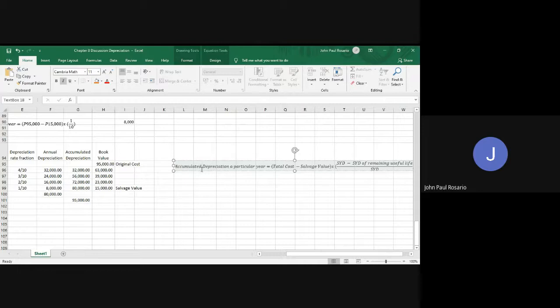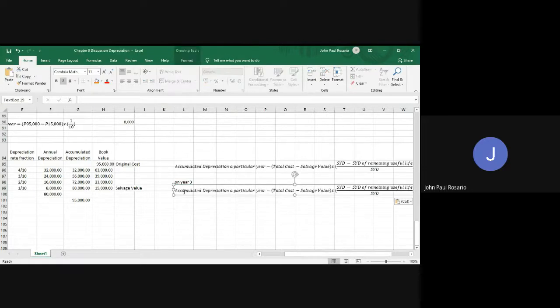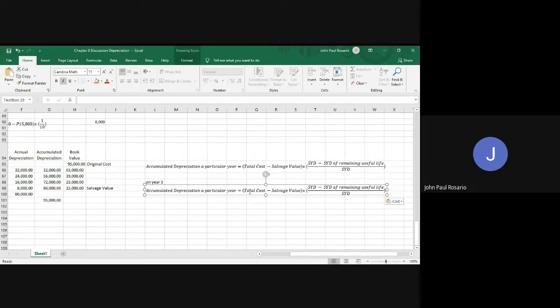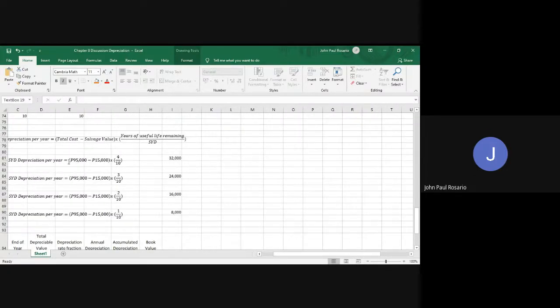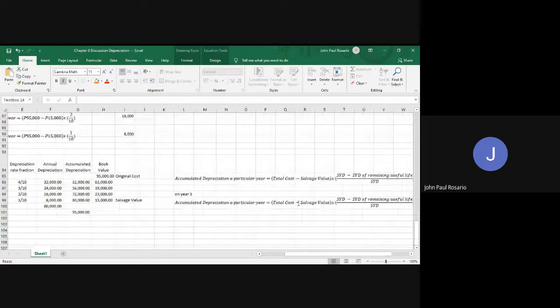For example, on year three, the accumulated depreciation in year three would be... can I just copy this? Okay. Now, our SYD is 10, right?